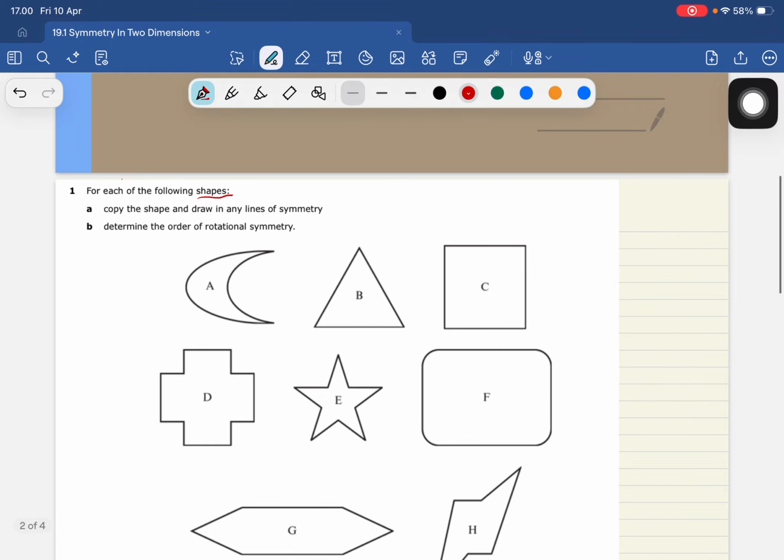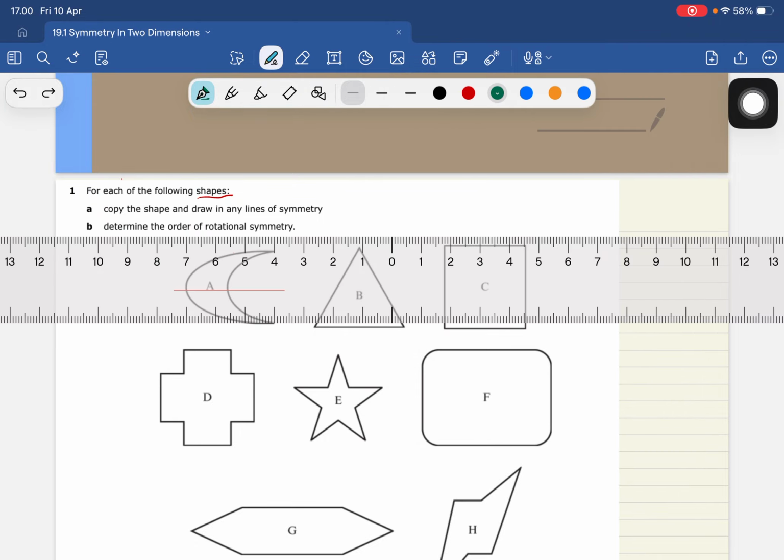So for line symmetry, when we cut the mirror, they will have equal halves. So for A, when we cut here, up and down are going to be equal. Second, we can cut it here. Let us make it equal. Let me use a ruler.